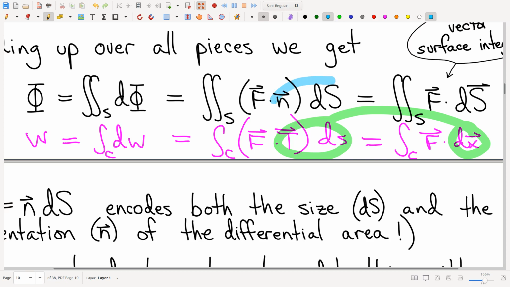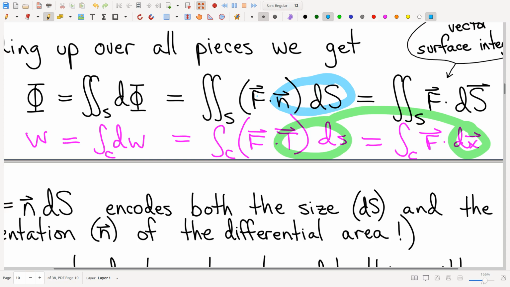Look at what we got up here. We have a unit vector, just like we had a unit vector here, now indicating a choice of direction through our surface, compared to T indicating a direction along our curve, but nevertheless an orientation times a size.